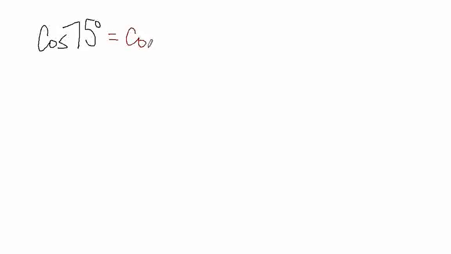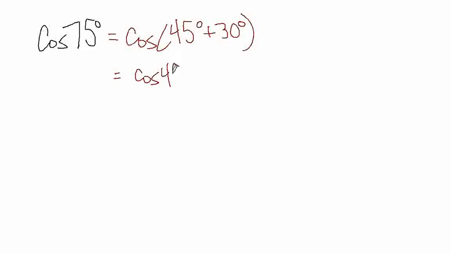So it's equal to the cosine of 45 degrees plus 30 degrees. Now we use the sum identity with respect to cosine, and we'll get the cosine of 45 degrees times the cosine of 30 degrees minus the sine of 45 degrees times the sine of 30 degrees.